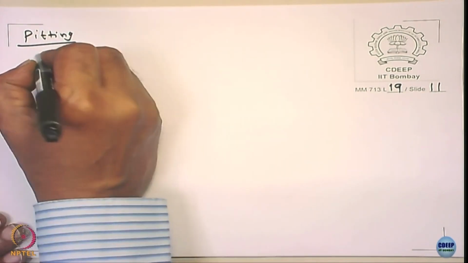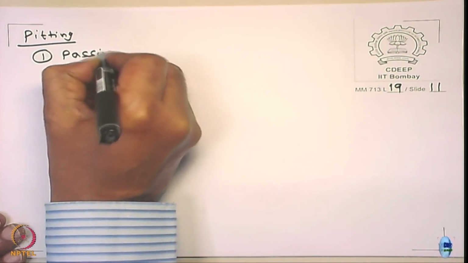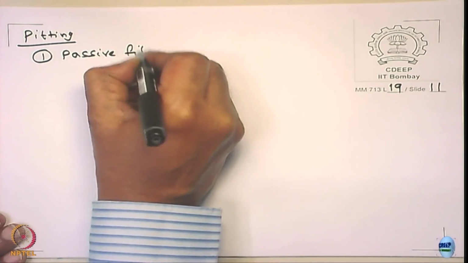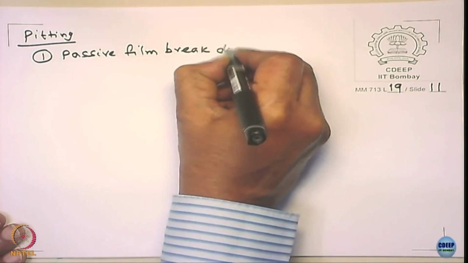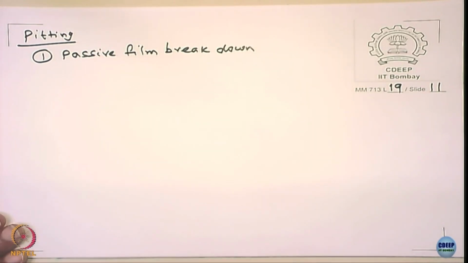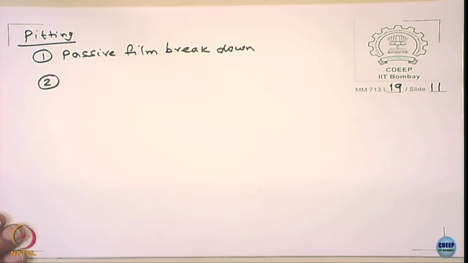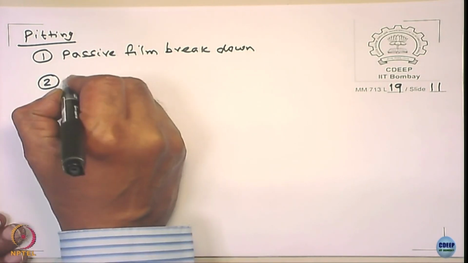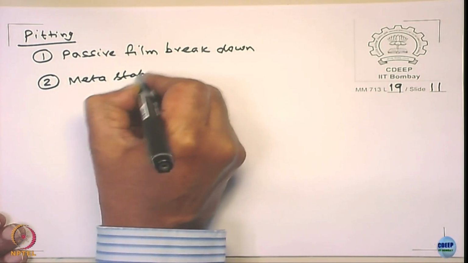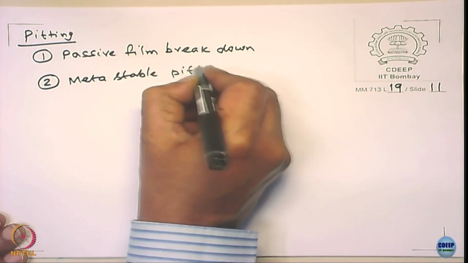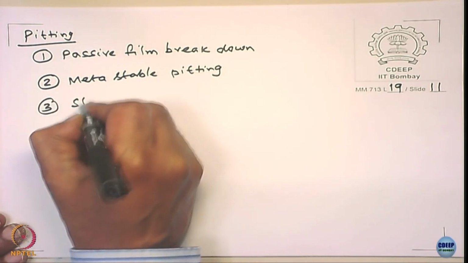It consists of passive film breakdown, then what we call metastable pitting, and third what we call stable pitting.